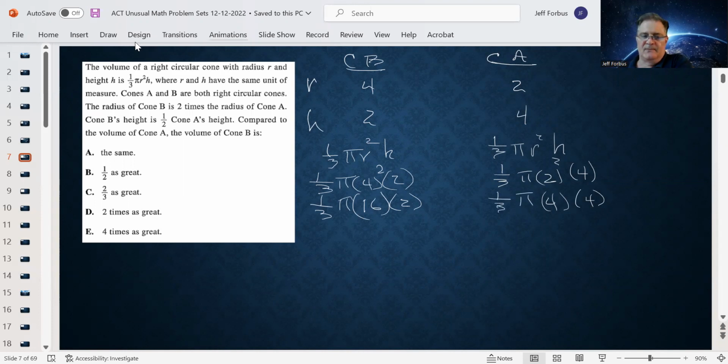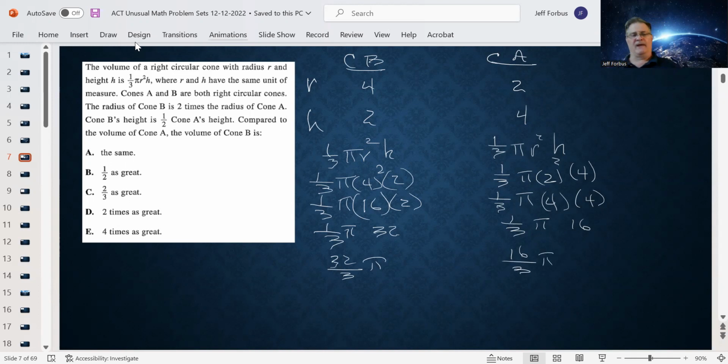So 16 times 2 is 32. Four times 4 is 16. So what we have is 32 over 3 times pi, and 16 over 3 times pi.